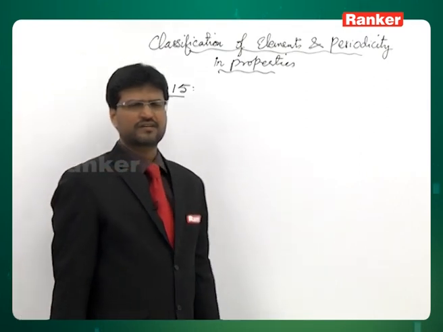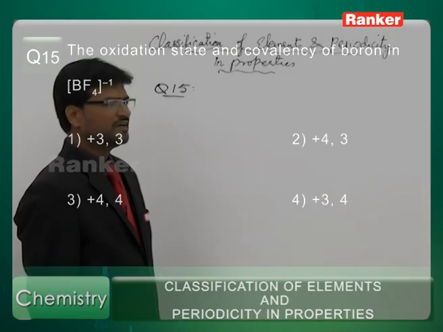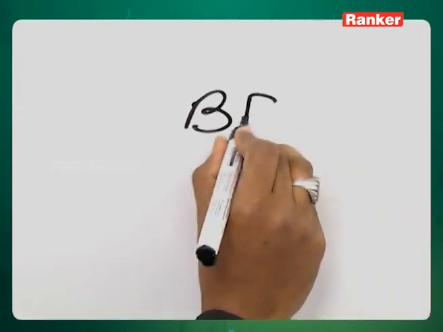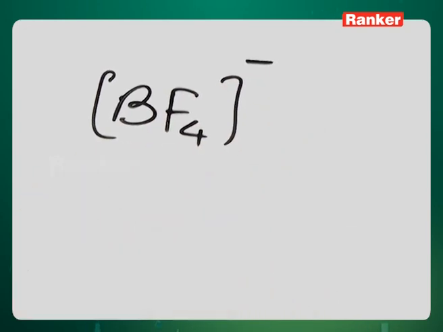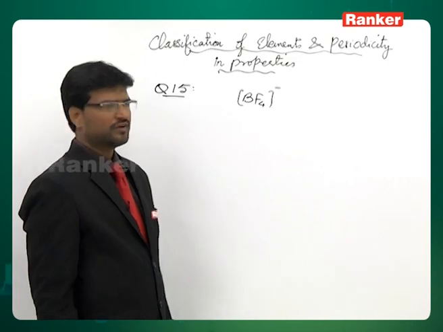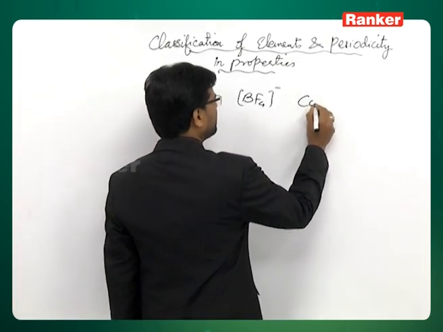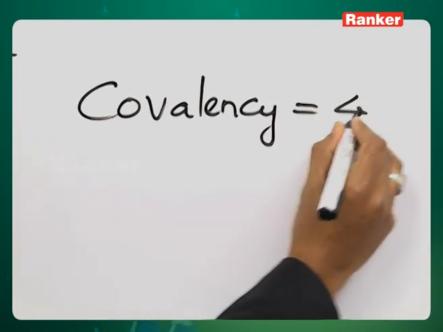Question number 15. The oxidation state and covalency of boron in BF4 minus. In BF4 minus, boron is surrounded by 4 fluorine atoms. So, there are 4 bonds surrounding boron, therefore, covalency can be taken as 4.